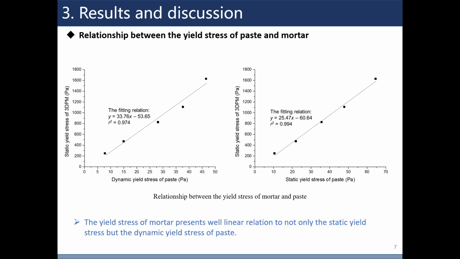This slide shows the fitting relationship between the yield stress of paste and the mortar. The yield stress of 3D printing mortar presents a very linear relation not only to static yield stress but also to the dynamic yield stress of paste.